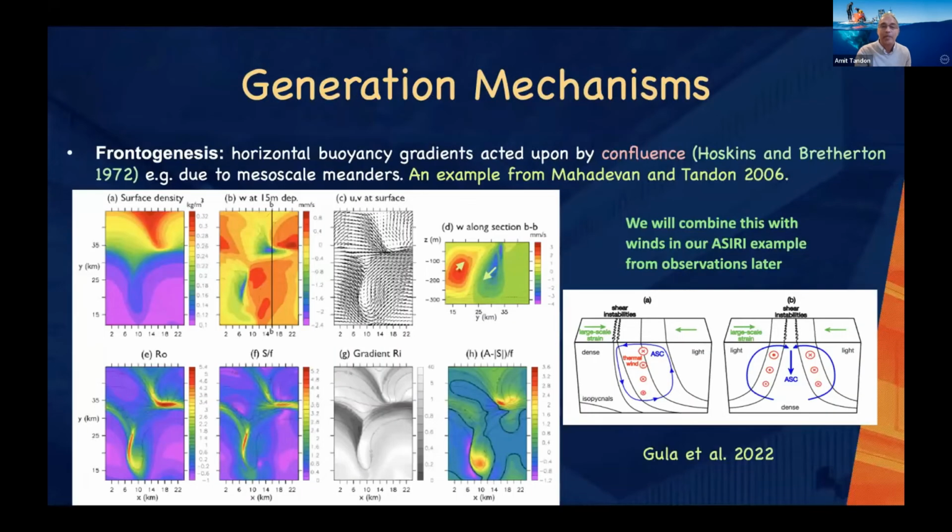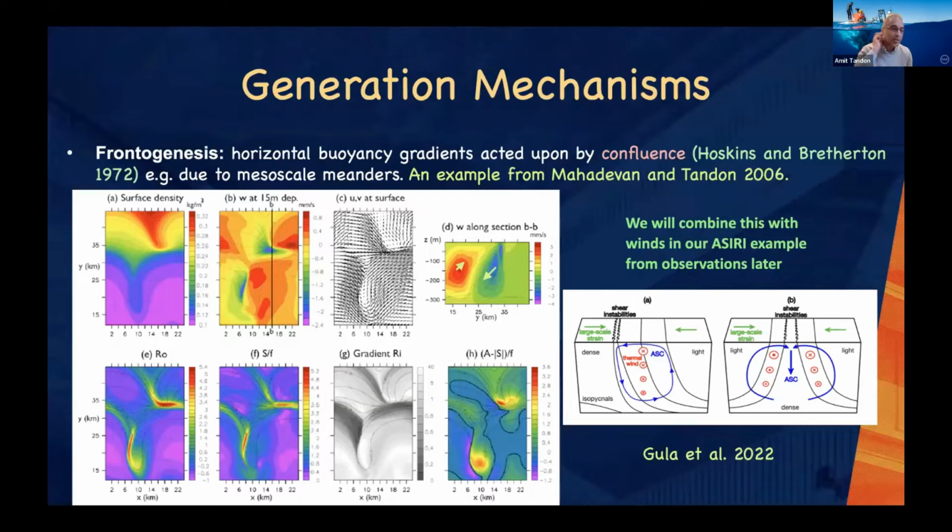So let's look at some pictures now and think about how they arise. One picture that I'm showing here on the left is from a paper by Amala Mahadevan and myself, where we took a perfectly linear geostrophic front, and then we blew some wind on it at the surface.